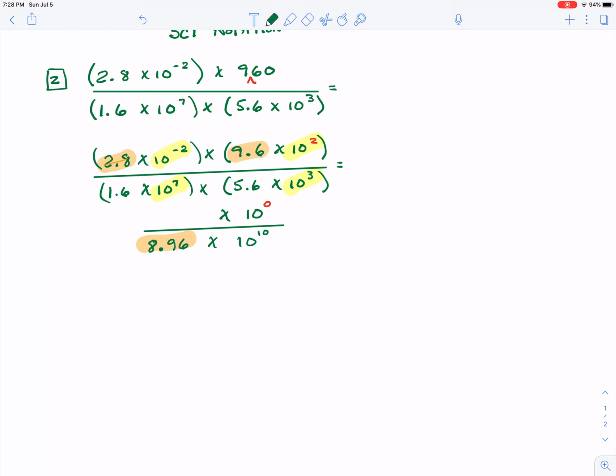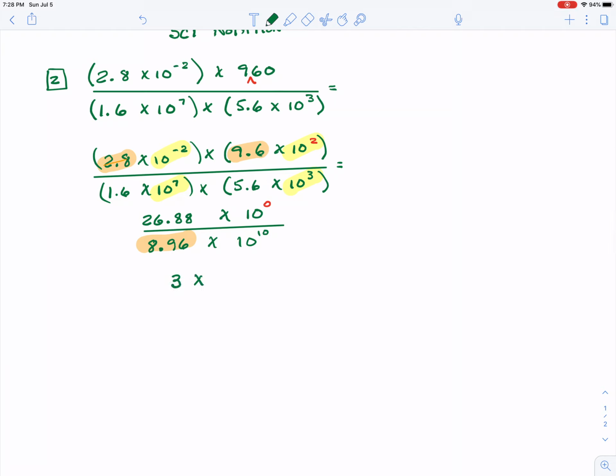Let me double check it. 2.8 times 9.6 should have been 26.88. So I had a mistake there in my typing. All right, so let me try this division again because I know I'm supposed to come out with a 3. 26.88 divided by 8.96, yes, is 3.